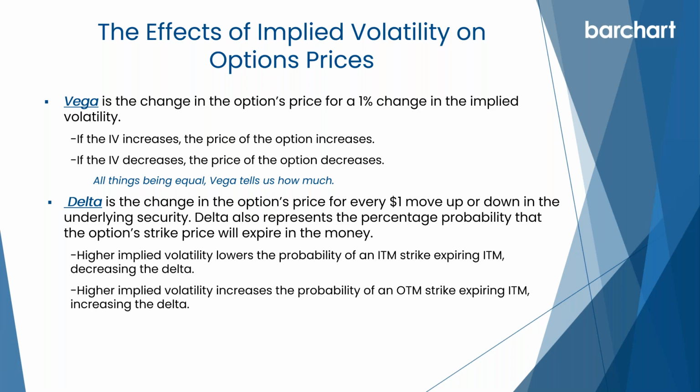In those environments, it increases the probability of an out-of-the-money strike expiring in the money, increasing delta. In other words, the greater the price variance, the lower the probability of in-the-monies and the higher the probabilities of out-of-the-monies. And if you think about it, that makes sense. The more the market fluctuates around, it brings more strike prices into the game of probability.